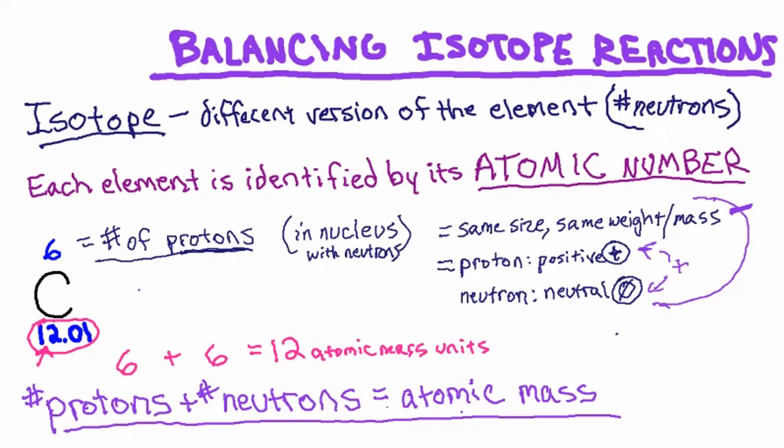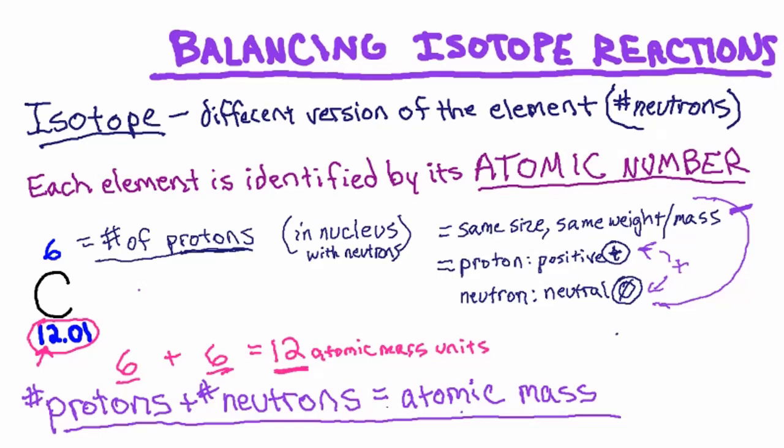And I won't get into it, but there's a reason why, because this is actually the average of all the isotopes together. But for your understanding, the 6 protons means there's 6 neutrons, and they both weigh about 1 mass unit, and so 6 plus 6 makes 12 atomic mass units, which is the weight of a carbon atom.